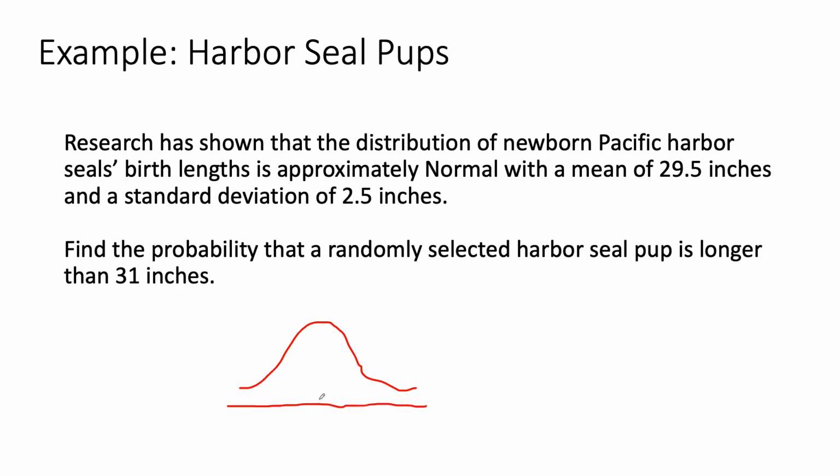My mean is in the middle, and I know that the mean was 29.5 inches, so I'm going to mark 29.5 here. And I have a standard deviation of 2.5 inches. So this is a normal distribution with mean 29.5 and standard deviation 2.5.